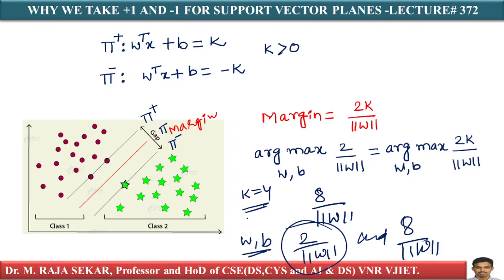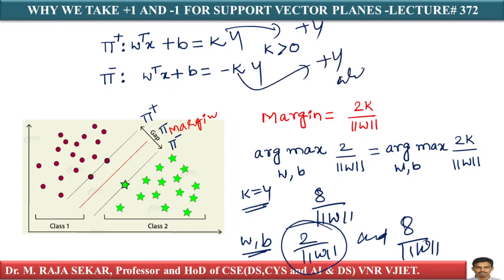Just see from optimization point of view, whether you take one or any k, it really doesn't matter. This point is important. If I take 4 in the place of k, what will you get? This will be plus 4, this will be plus 4, this will be minus 4.